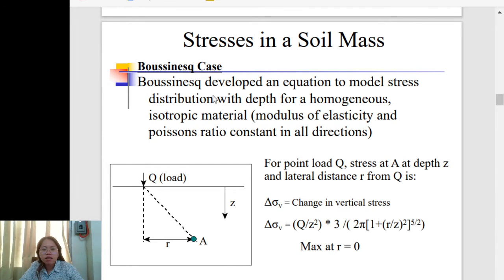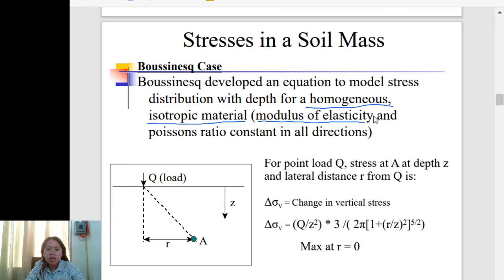Now, Boussinesq developed an equation to model stress distribution with depth for a homogeneous isotropic material, with modulus of elasticity and Poisson's ratio constant in all directions. Remember, for Boussinesq's case, the soil is a homogeneous or isotropic material, meaning the modulus of elasticity E and the Poisson's ratio are constant in all directions.